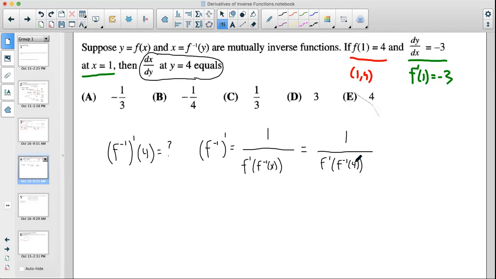So we need f inverse of 4, and we can figure that out by using this piece of information. If f of 1 is 4, then f inverse of 4 is equal to 1.